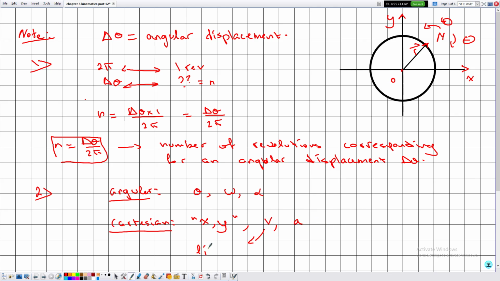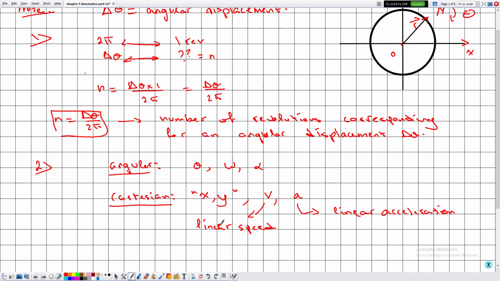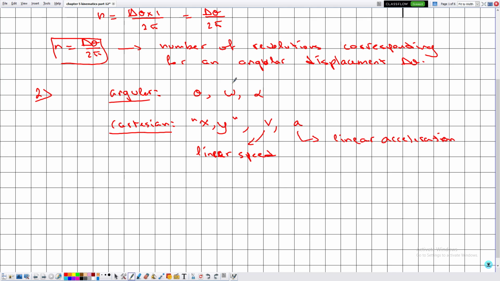This is said to be the linear speed, or the Cartesian speed, and this is the linear acceleration or the Cartesian acceleration. The naming of quantities doesn't change the physical interpretation, we just name them for our convenience, in order to distinguish between angular and linear quantities.